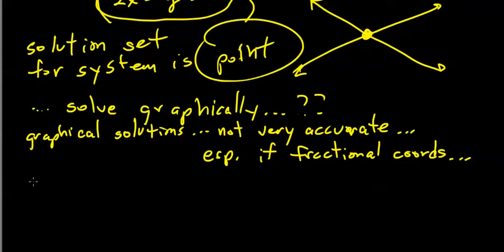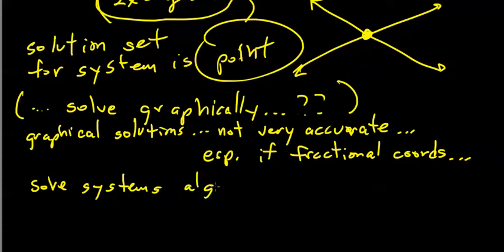Alright, what are we going to do? We're going to largely bypass solving graphically, and we're going to determine two methods to solve systems algebraically, with pen and pencil techniques. Hang on a minute, I spelled it wrong. Algebraically. Okay?